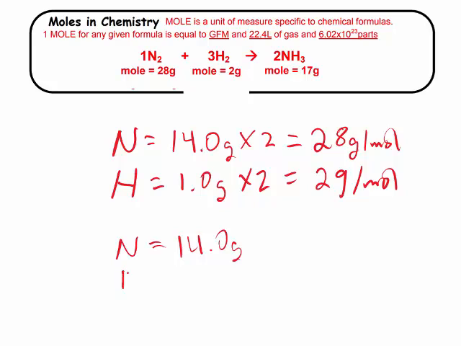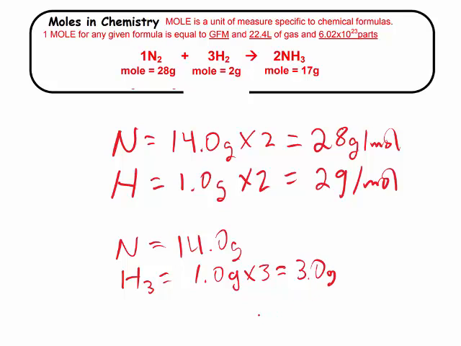I know that the ammonia has hydrogen, which is equal to 1.0 grams. However, it is H3, right? The formula for ammonia is NH3. So I have to say 1 times 3 because remember, my GFM is all of the atoms summed together. So that means it's 3.0 grams.